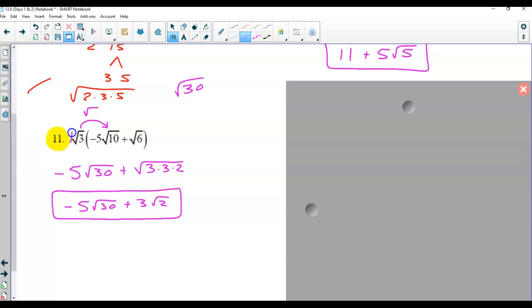But I'm thinking of what is the square root of 3, and I'm saying times, I'm trying to picture that 10 as 2 times 5. So I'm looking for pairs of numbers to take out, and I know that 30 is equal to the square root of 2 times 3 times 5, and there are no sets of 2 to come out, so that's why I gave that a 30 right away. But when I distributed the square root of 3 to the square root of 6, I'm picturing this guy as 3 times 2.